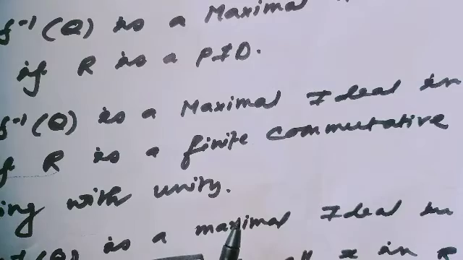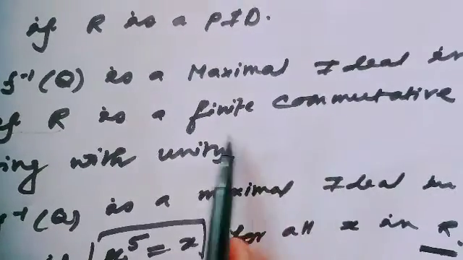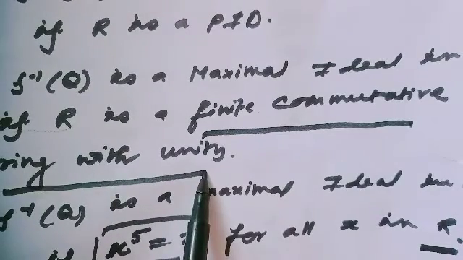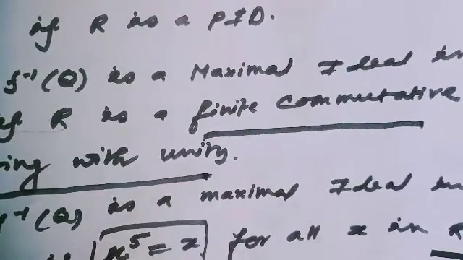Are you getting? That means option three is a right option, because I have proved F inverse Q is a prime ideal, and since R is a finite commutative ring with unity, obviously this option is right.